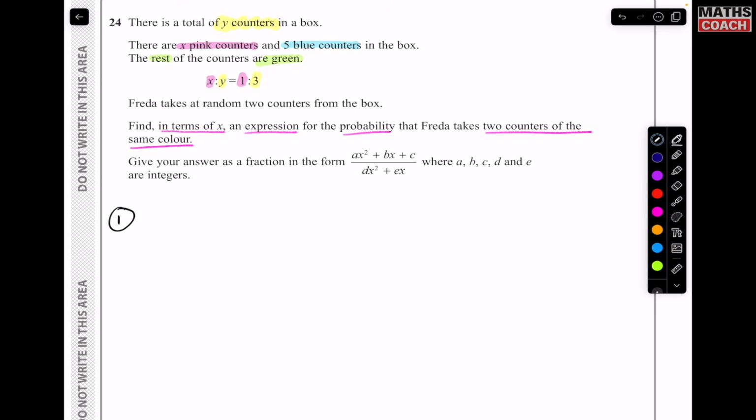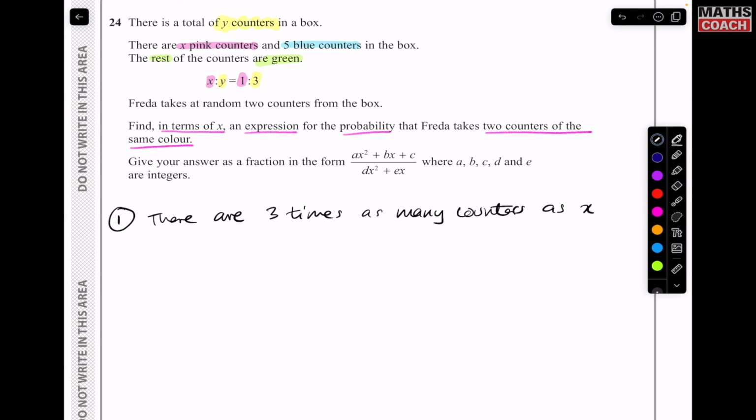Number 1, we are told that there are y counters in a box, and that the number of pink counters compared to the overall amount of counters is 1 to 3, which means there are 3 times as many counters as pink counters in the box.